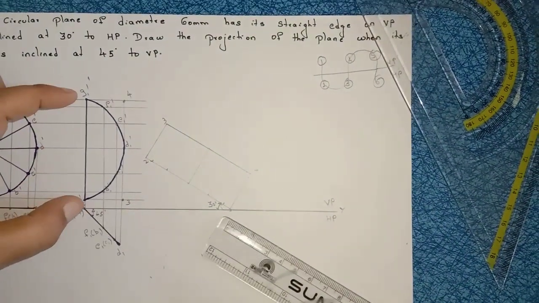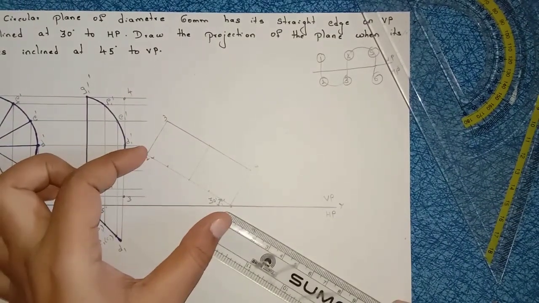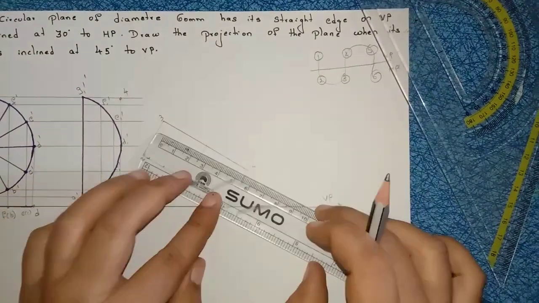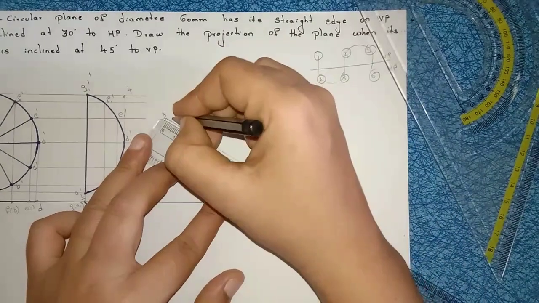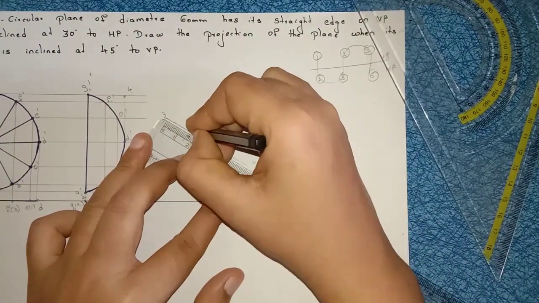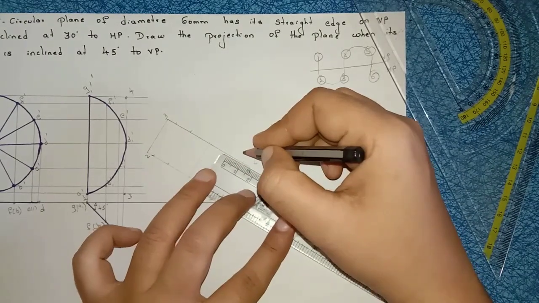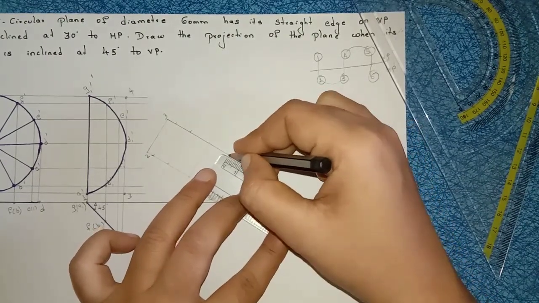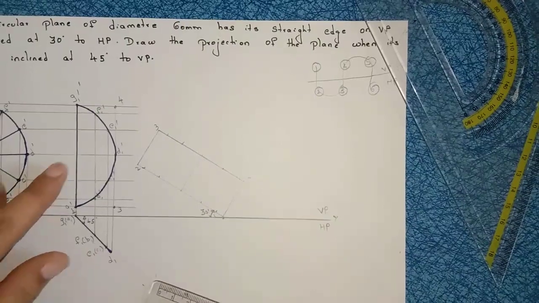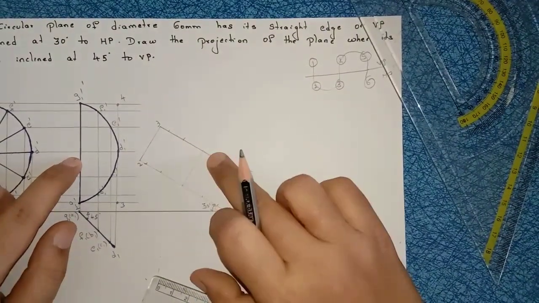Right? In between 1 and 2, how many lines are there? Just I am marking the points here. Same here also. 0.5, 1.5, 3, 0.5, 1.5 and 3. First I have marked the middle line.